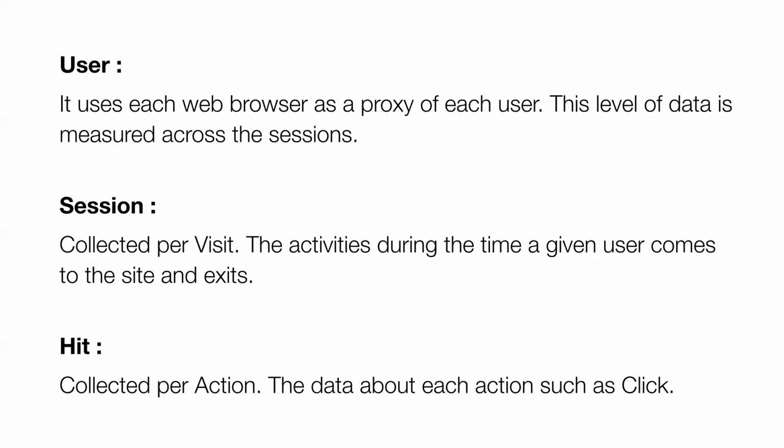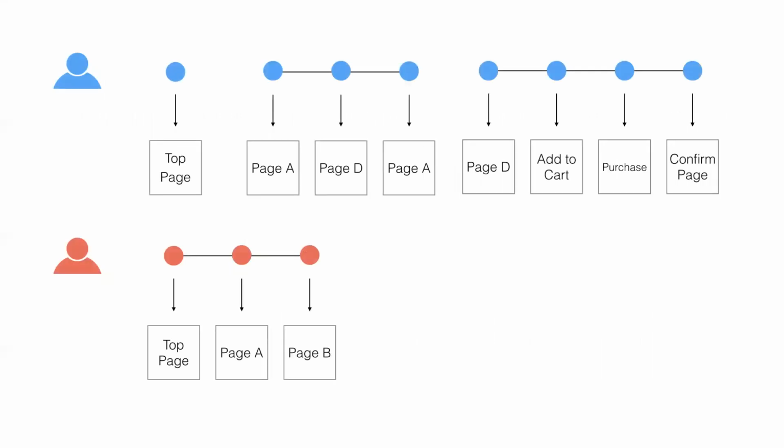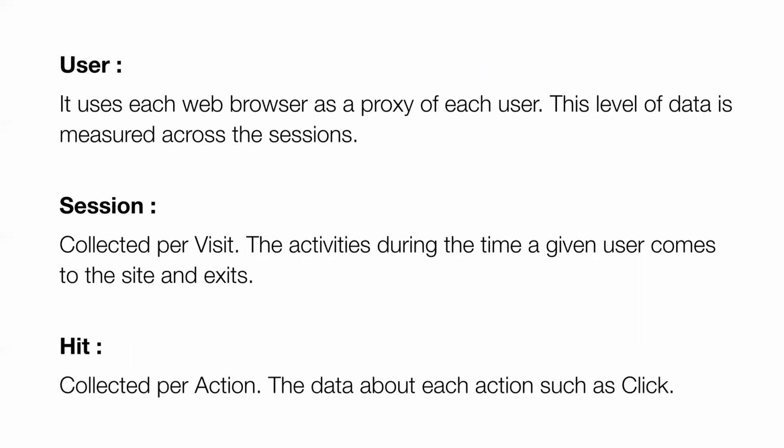This can be a page visit or click, or purchasing something, some kind of event, whatever the interaction is. In this case, for the blue person, the first session had only 1 hit, the next session had 3 hits, and then the one after had 4 hits, and so on.